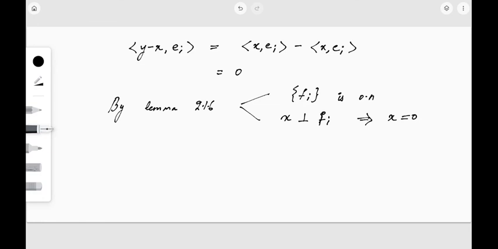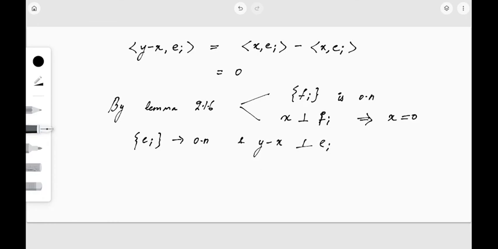So here the set {e_i} was our orthonormal system, right? And just now we have seen that the inner product ⟨y − x, e_i⟩ is 0, that is, y − x is orthogonal to e_i.